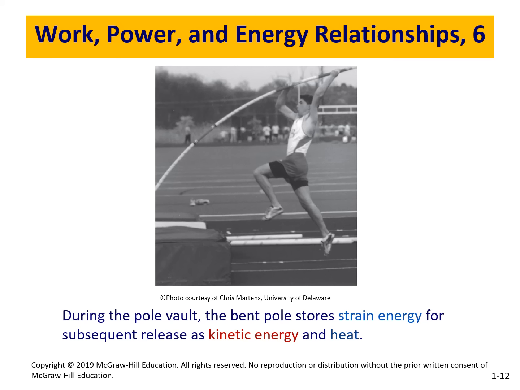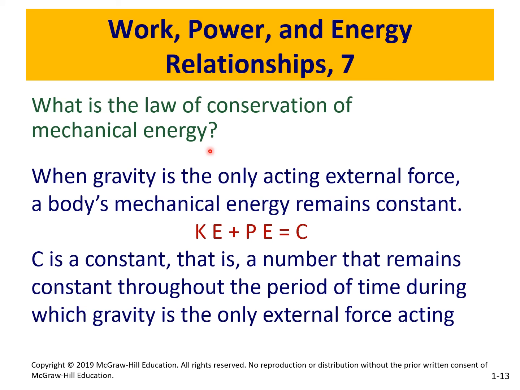Now, when we talk about heat here, we need to introduce thermal energy. So you have kinetic energy, potential energy, thermal energy, and strain energy. Let's say I'm trying to throw a ball up in the air, and the only acting acceleration is gravity. For gravity, all the energies will be conserved in the system.